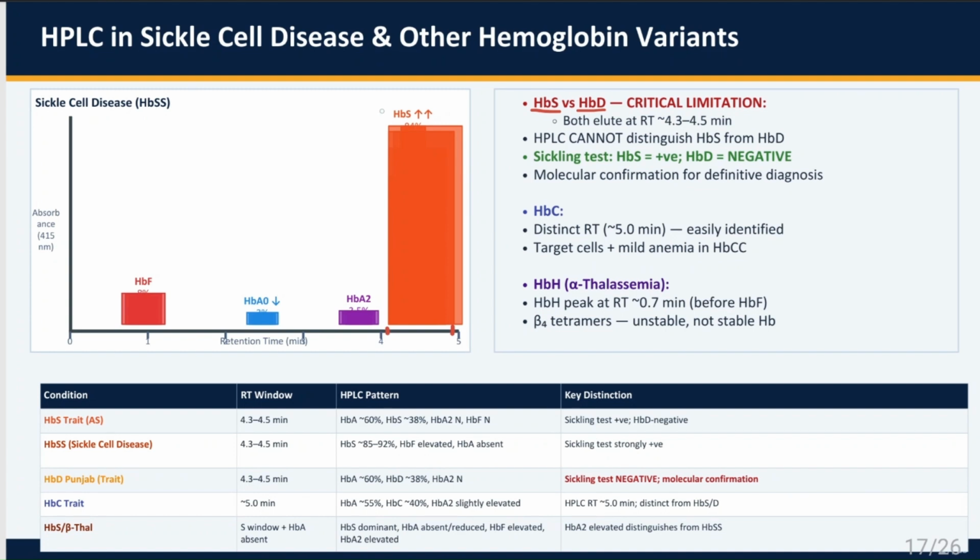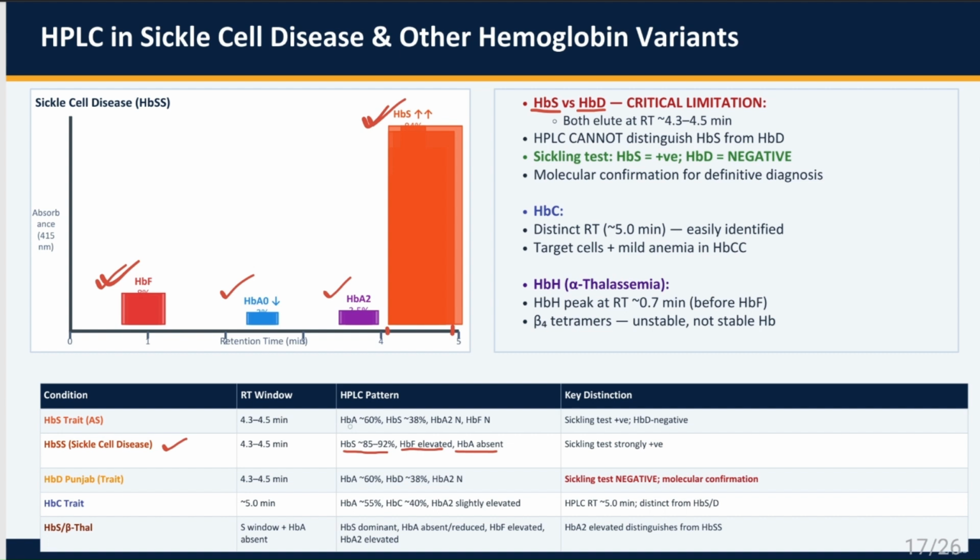Now HPLC in sickle cell disease and other hemoglobin variants. In sickle cell disease, HbS level is elevated along with fetal hemoglobin. Adult hemoglobin is low, HbA2 level is also around normal level. You can see here that in sickle cell disease, HbS is around 85 to 92%, HbF is elevated and adult hemoglobin is low to absent.